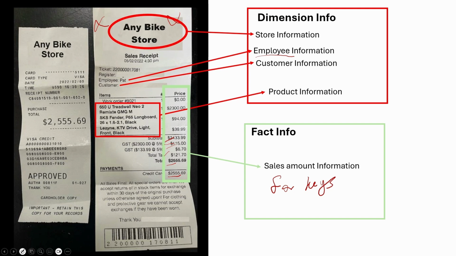dimension information. Now, to put things in context, as I wrap up this particular session, let's assume we don't have dimension information, and we only have the fact information. Let's say we are dealing with total sales, and in a particular day we have $1 million in sales.